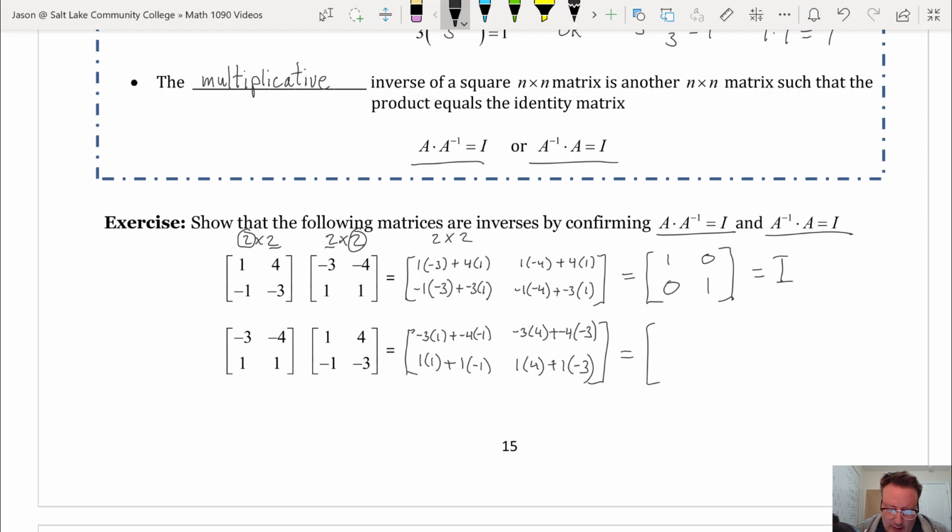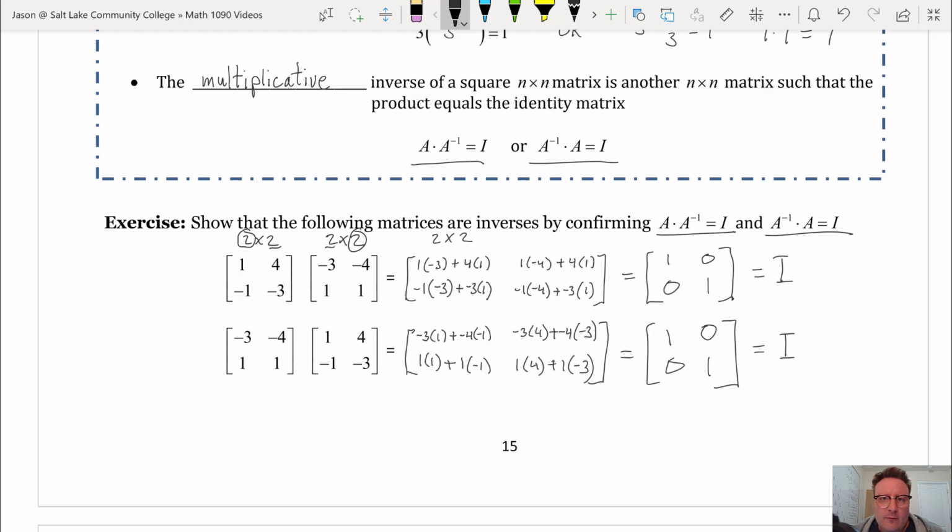Okay. Let's see, the first element, -3 plus 4 is 1. This next element, -12 plus 12 is 0. This element in the bottom left is 1 minus 1, that's 0. And the element in the bottom right is 4 minus 3, that's 1. And indeed, again, we do get the identity matrix.